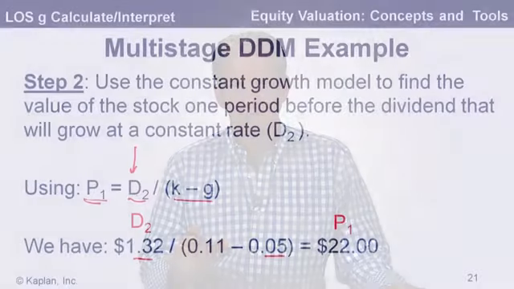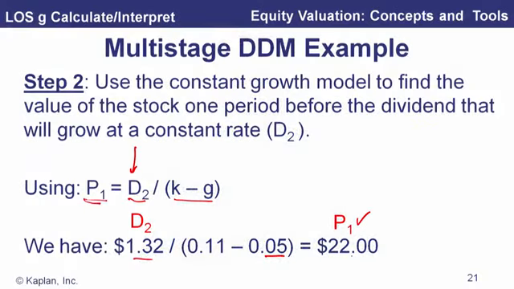So if we wait to use that constant growth model here until we have dividend 2, that's going to give us the value 1 period before dividend 2 is paid, so a time 1 value. Right after D1 is paid, we can value it based on D2, and that's why we get a time 1 value here of $22.